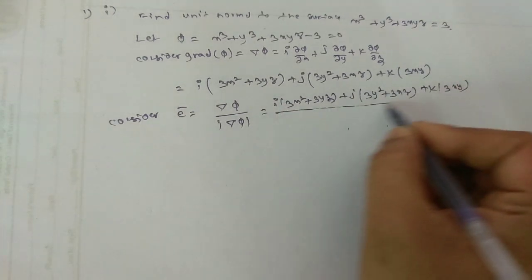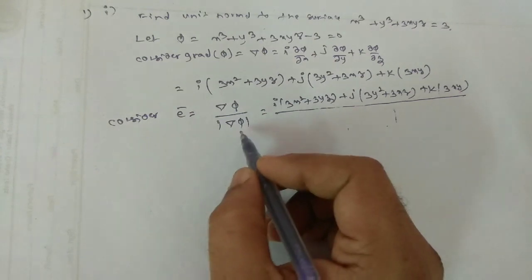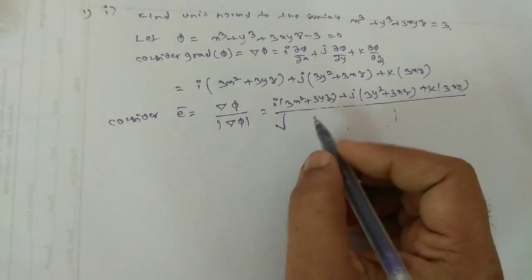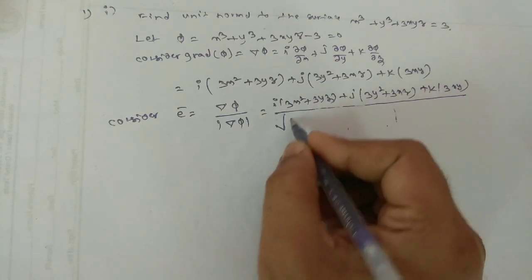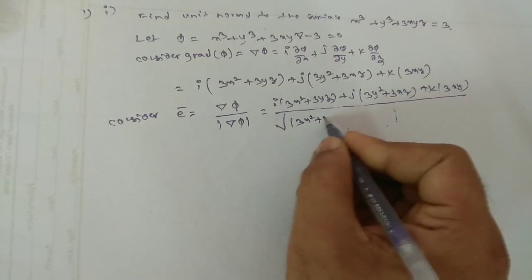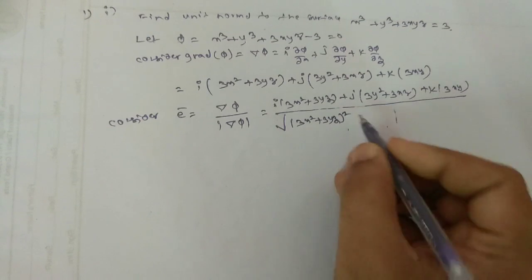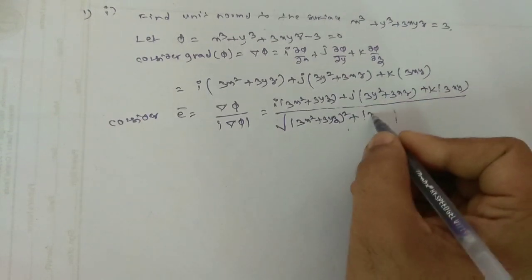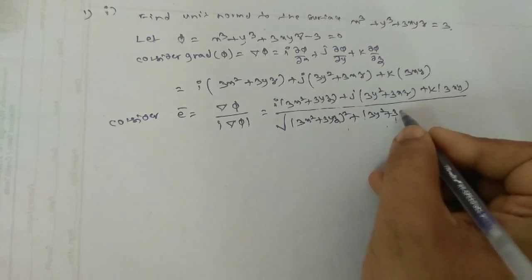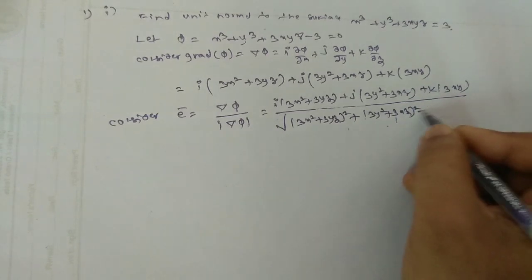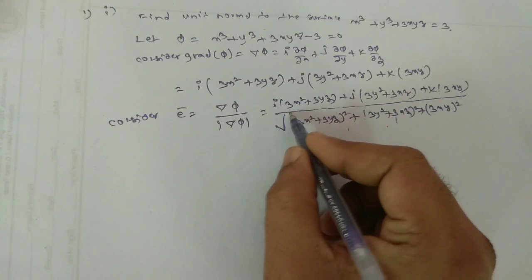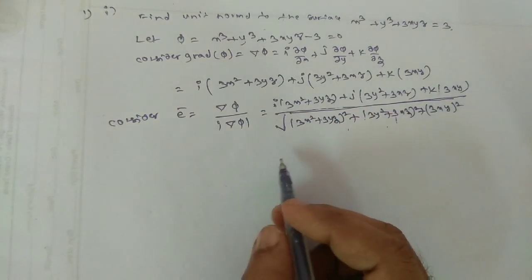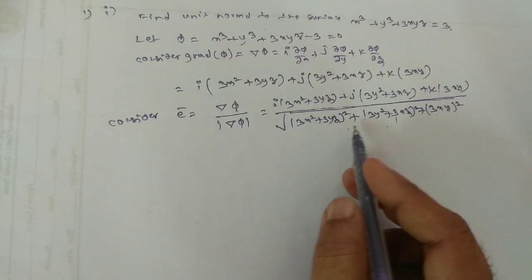It is totally divided by the modulus of del phi, which is the square root of the squares of the coefficients of i, j, k: (3x square plus 3yz) whole square plus (3y square plus 3xz) whole square plus (3xy) whole square. Just do the simplification for this so that you will get an answer.